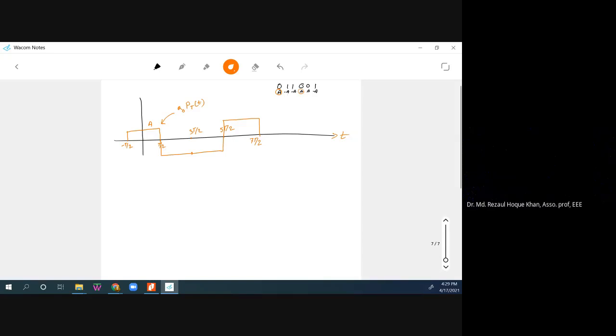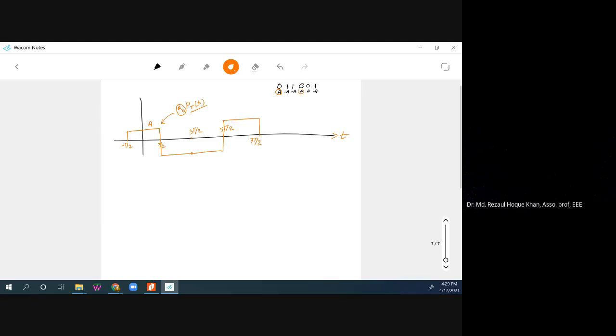So we're assuming the first symbol is a0. This is multiplied by the original pulse p(t), so the result will be a0 p(t). But the second symbol is shifted by T, and the symbol is multiplied by the shifted pulse, right?